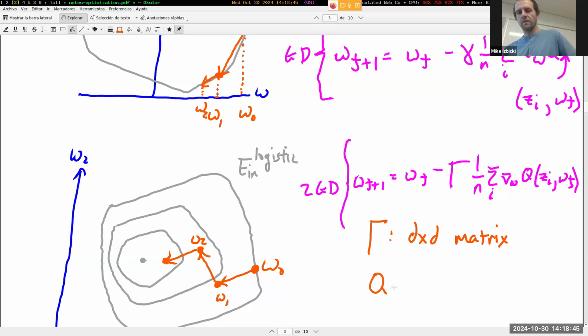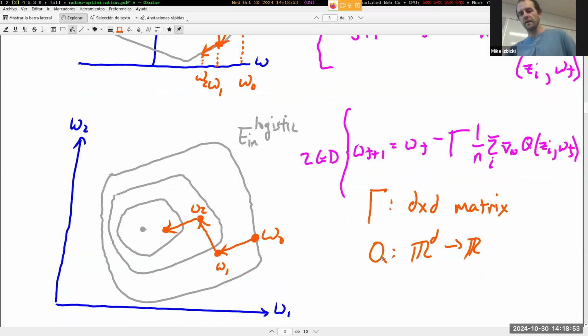And our Q loss function goes from R^d into R, because it takes w as an input, and w is a vector in R^d.